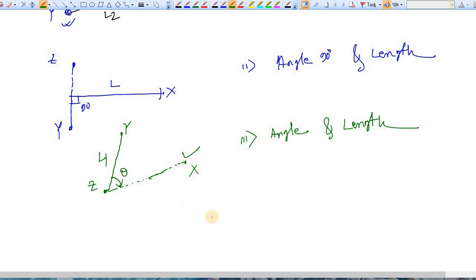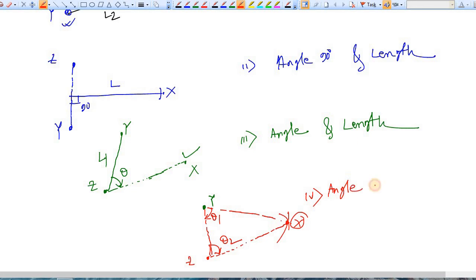And what is the fourth option? Well, let's say this is Y and this is Z, and this is X. You don't know any of these distances, that's why they are shown in dotted lines. But with respect to YZ you know the angle theta 1, so you can measure it, and also with respect to YZ the angle theta 2, and based on these two angles you can locate X. So the fourth option is angle and angle.